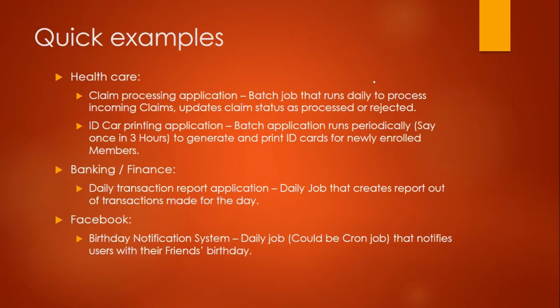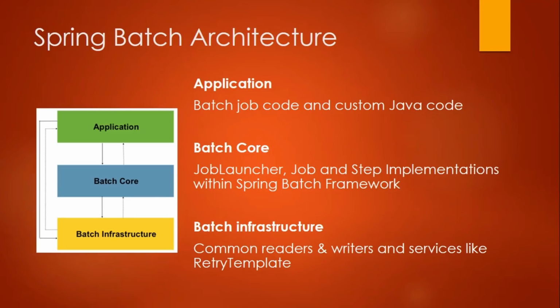So Facebook should have a cron job, or it could even have a batch job developed with Spring Batch or some other technology, and that batch job is just going to pick your friends' details, like whoever is having a birthday. It will pick those details and notify you saying please wish them. So this is a perfect example for a real-time scenario, right? So let's move on to the next slide.